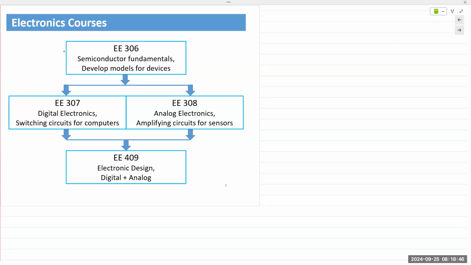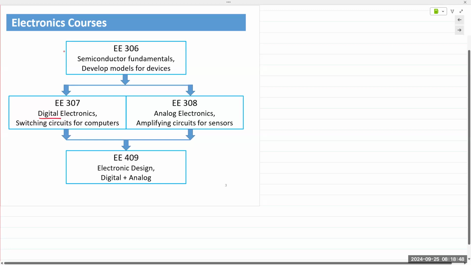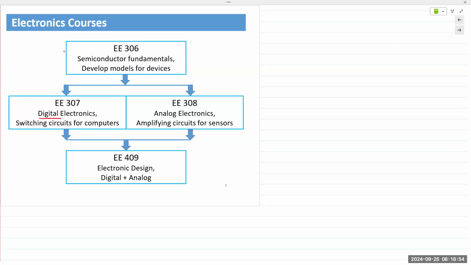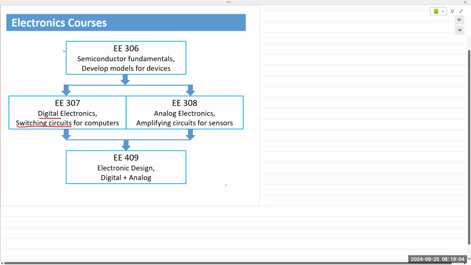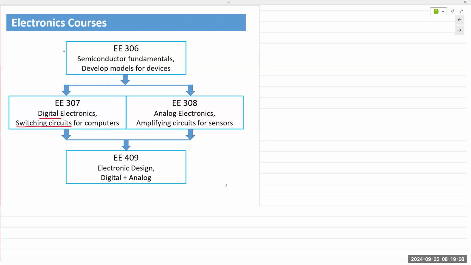So in 307, it's digital. Digital, as you all know, has only two values, binary, 0 and 1. A transistor that we will learn about in this class will be either on or off, and hence digital. So it's called switching circuits, and we use that to build computing devices, computers.